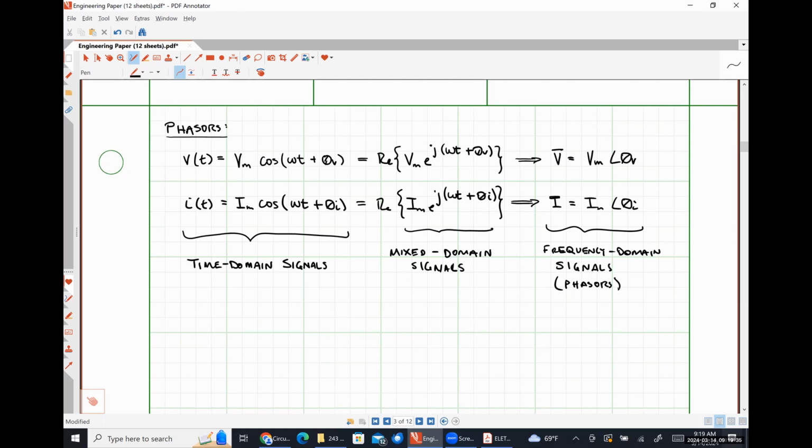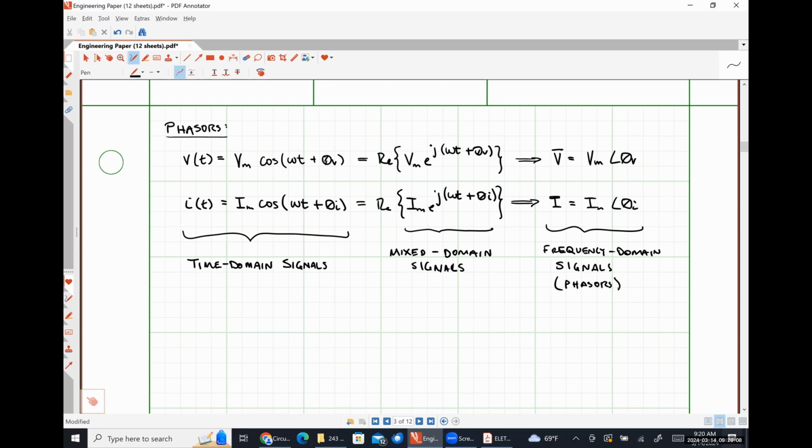So what I was alluding to a moment ago is that we are dealing with everything with the cosine function as the fundamental basis here, right? If I have a time domain signal that I can express as a cosine function, that is what allows me to express it as a mixed domain signal where we have the real part, which then allows me to go one step further and throw away the e to the j omega t bit, allowing me to express it as a phasor.